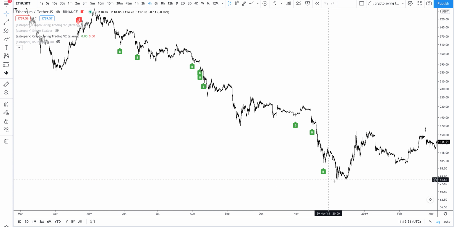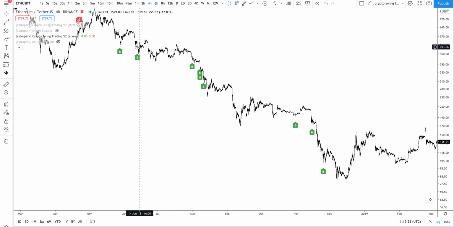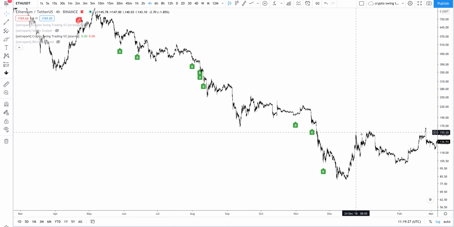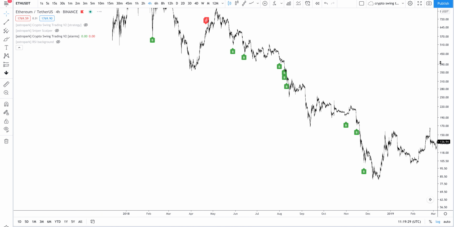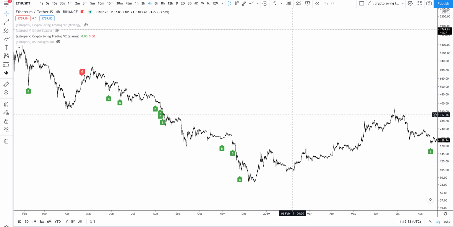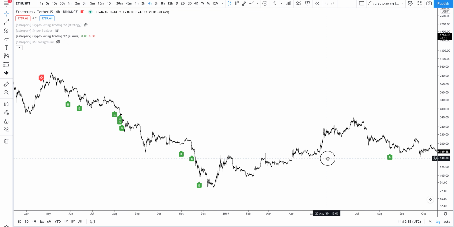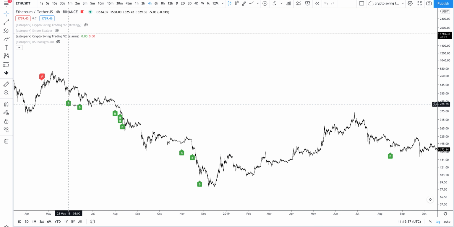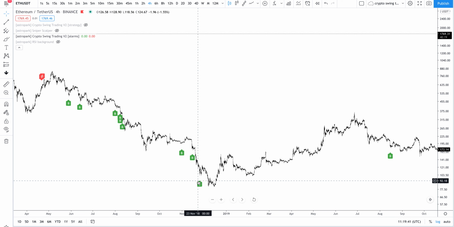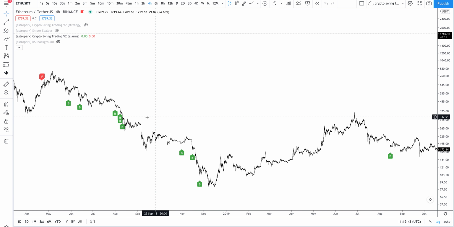In this case, averaging down your entry is vital to execute the strategy in the best way in order to be able to sell in profit. For example, most probably 1, 2, 3, 4, 5, 6, 7, 8, 9, 10. So maybe the average price was something like here. I may say so.